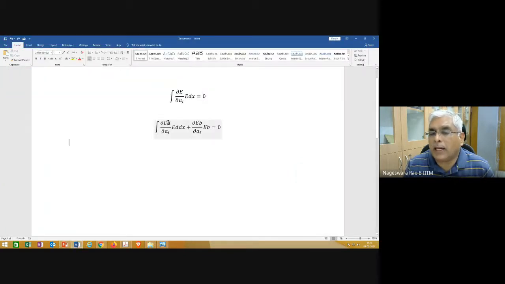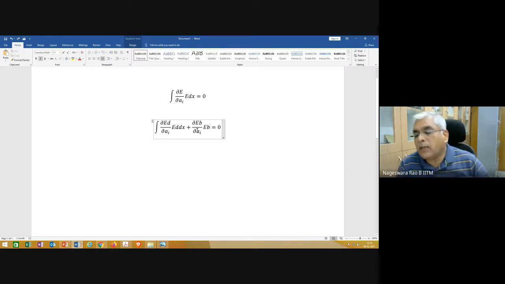wherever D is there, that is subscript, and B is also subscript. Please note that there is no integral for this, because this is a one-dimensional problem. For a one-dimensional problem, the boundary is going to be a point. For a two-dimensional problem, the boundary is going to be an edge, a line.